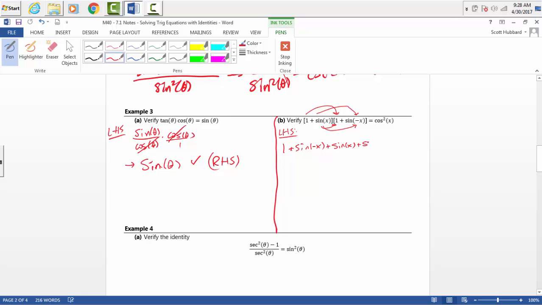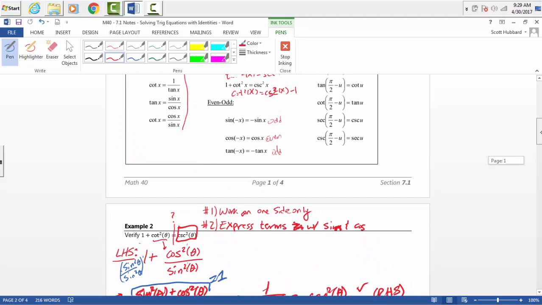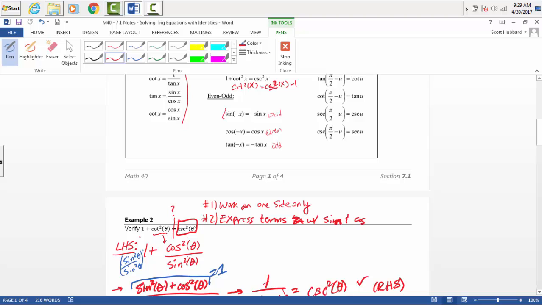plus, now let me actually do this first. Sine of negative x, what is that? Remember we talked about sine being odd. And what did odd mean? That odd identity says if I have sine of negative x, I can replace it with negative sine of positive x.